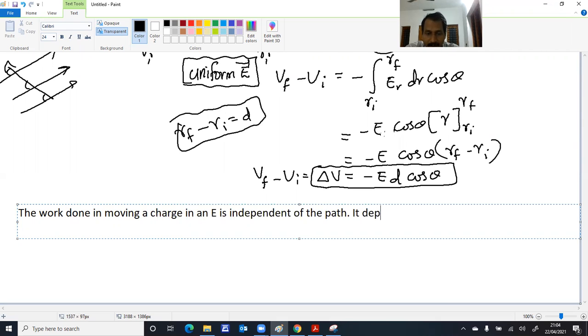It depends only on the final and initial positions.